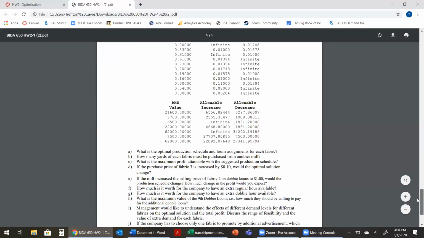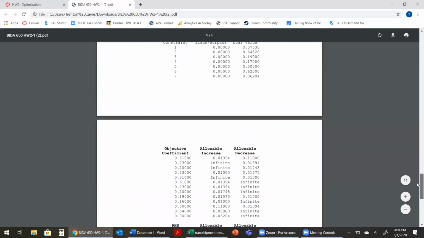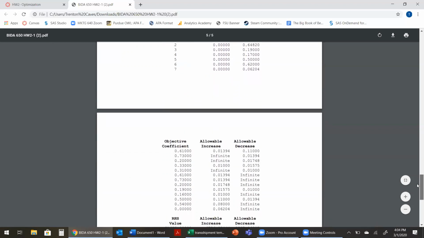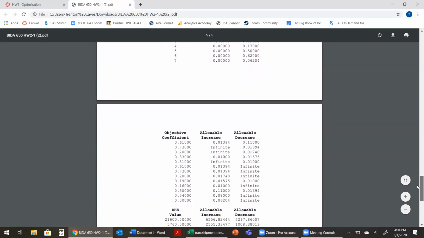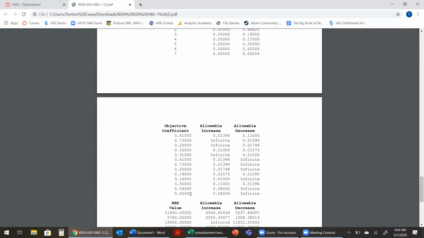So let's go back up and look at our allowable increase for purchasing fabric 3.